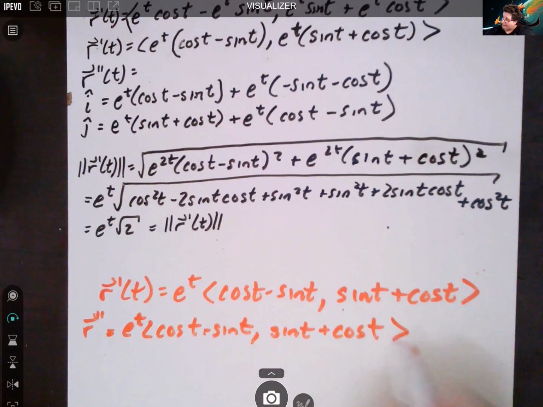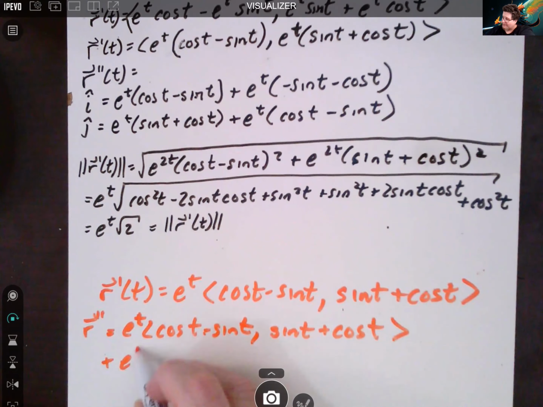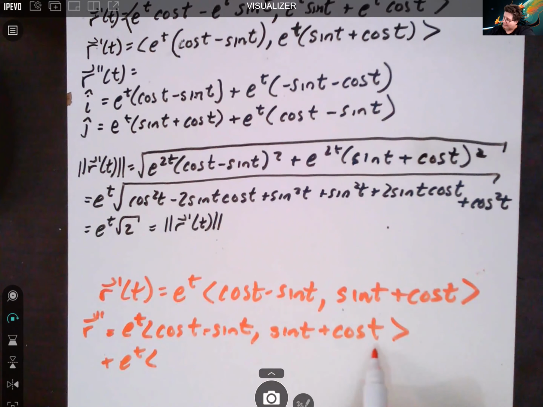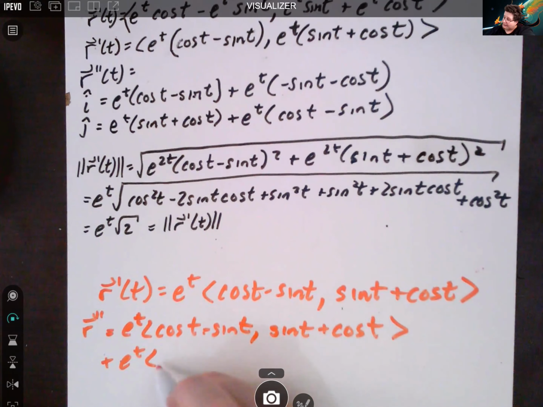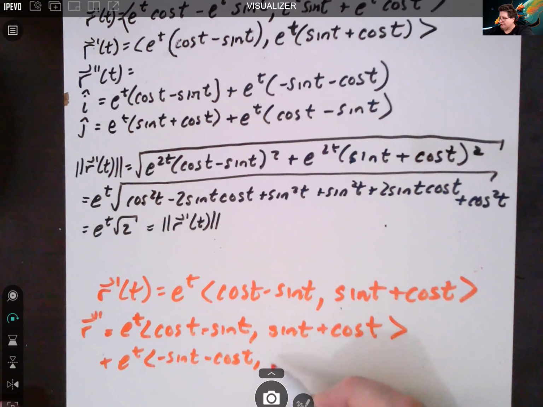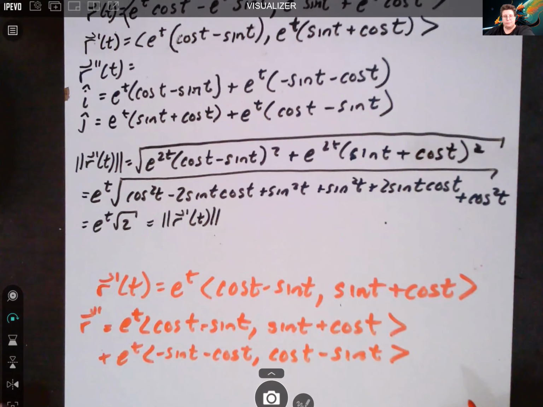And then I could say plus, and now I take the derivative of the second part. The first part of the product is this part, the second part of the product is this part. Now I've got to take the derivative of everything on the inside, just having two vectors instead. You're still going to get the same thing, but you're more likely to mess this up, to be honest, because it's easier to miss the product rule part of it.